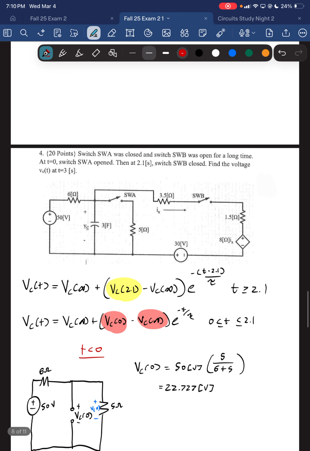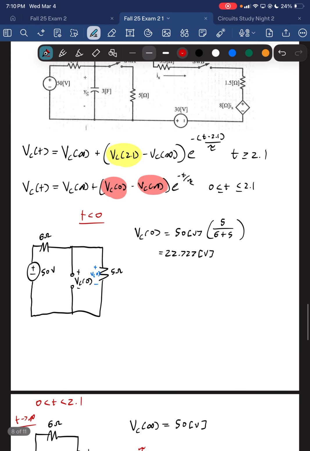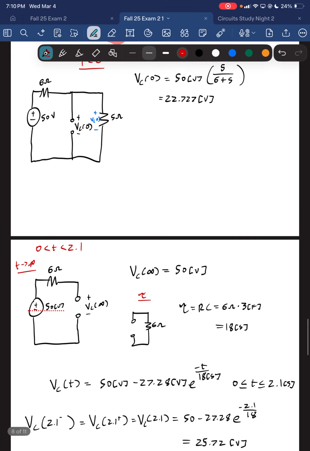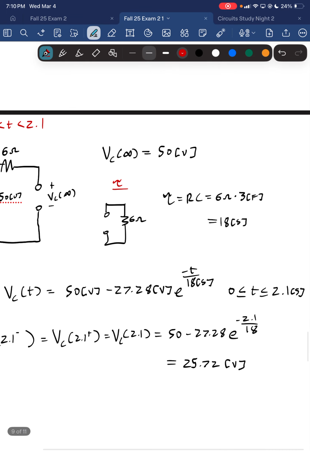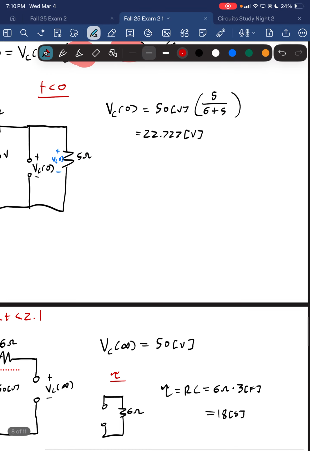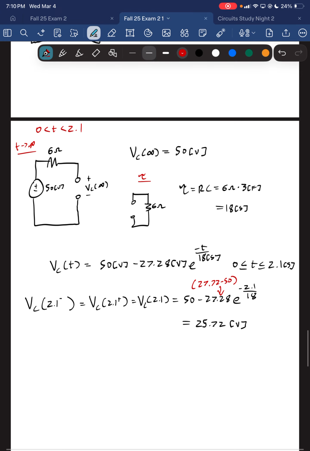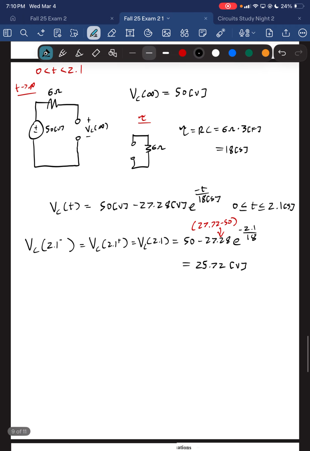It's seconds. Yeah, it comes from 27.72 minus 50. That's where that term comes from.